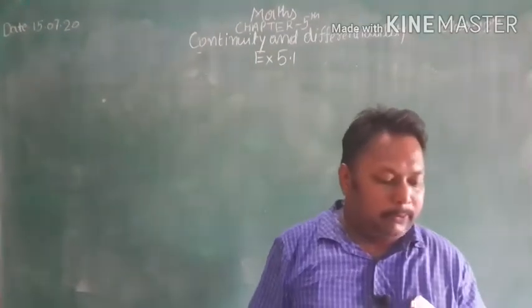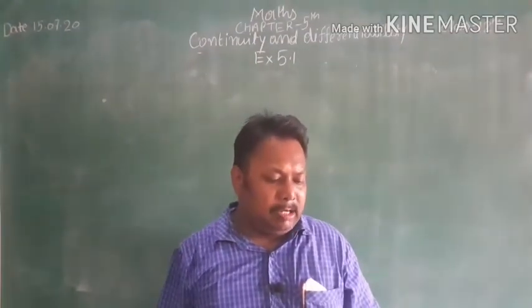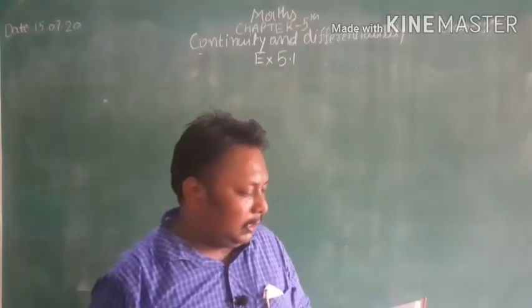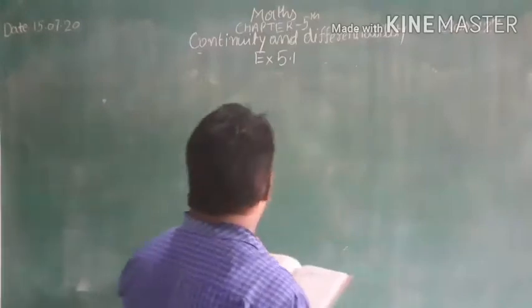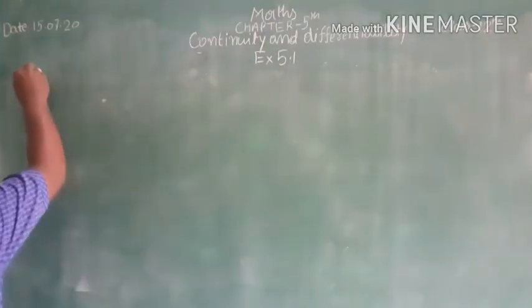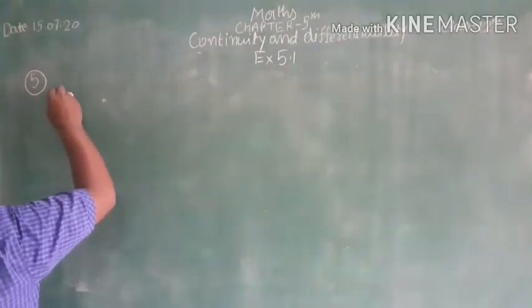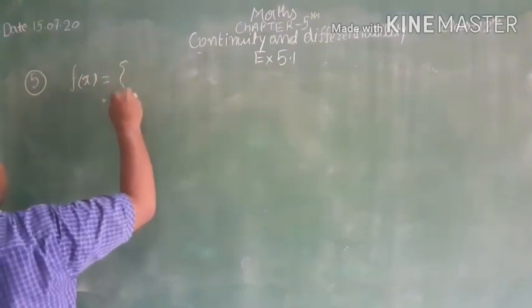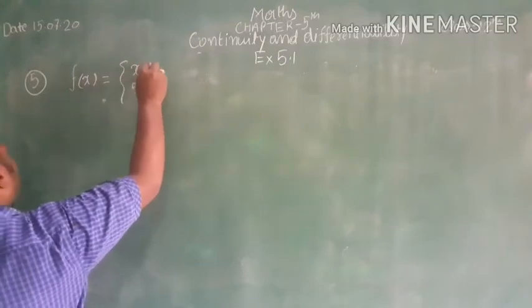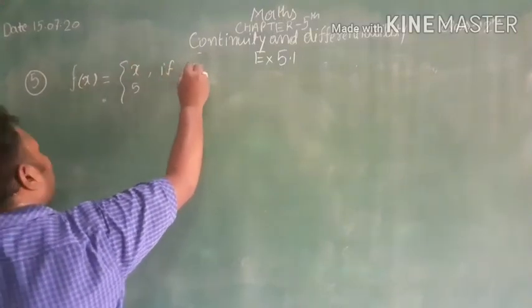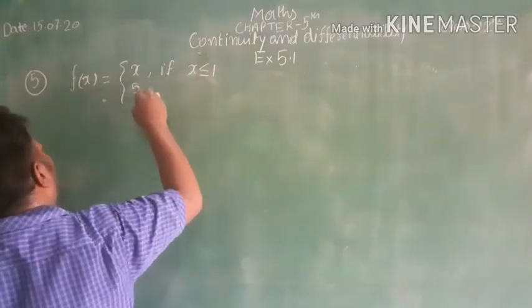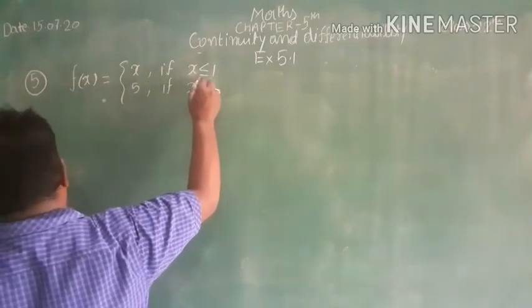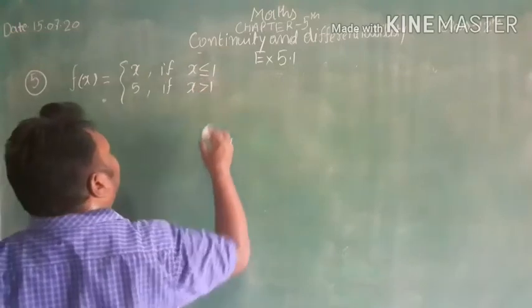Fourth question is same as question number first. We solve fifth question. f(x) = x if x is less than or equal to 1, 5 if x is greater than 1.